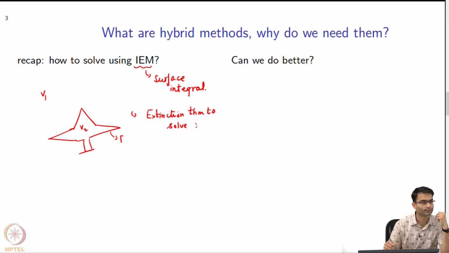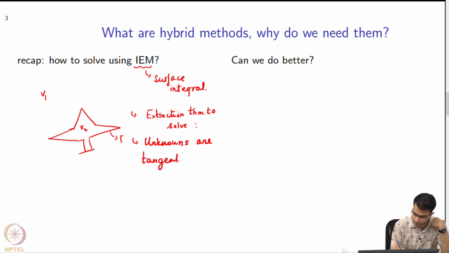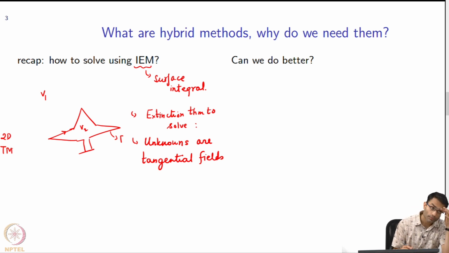Extinction theorem was used to solve for the unknowns, right. What were the unknowns? Tangential fields, on the boundary, right. So in a 2D problem, let us take 2D and let us make it TM. What were my unknowns?